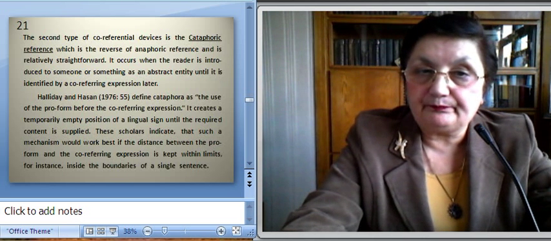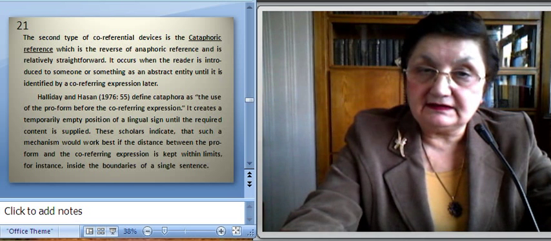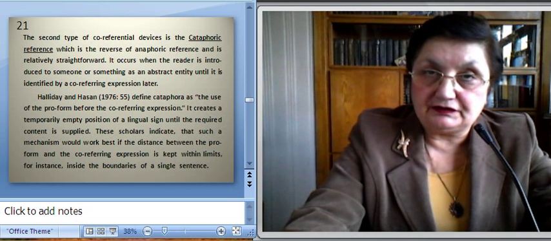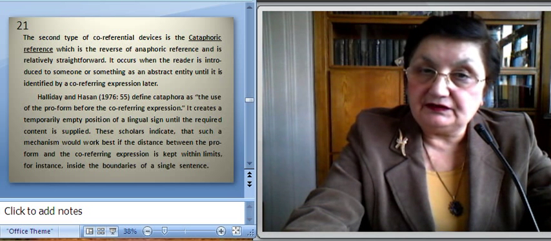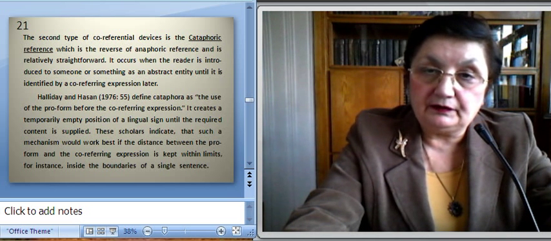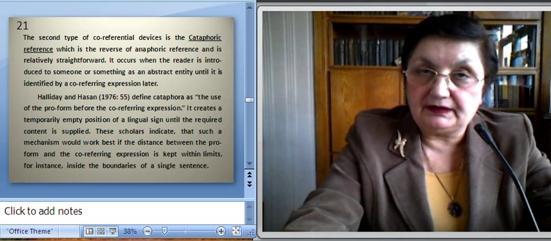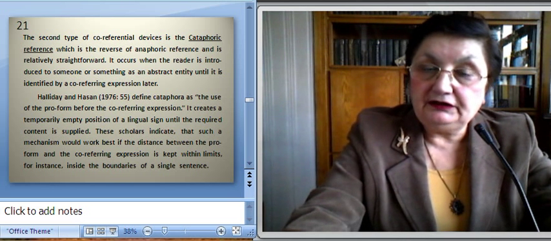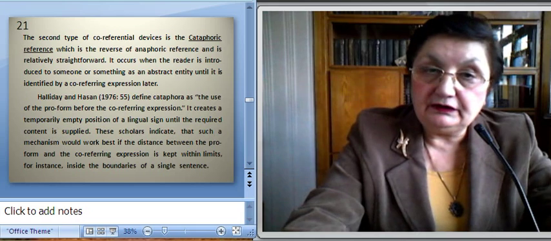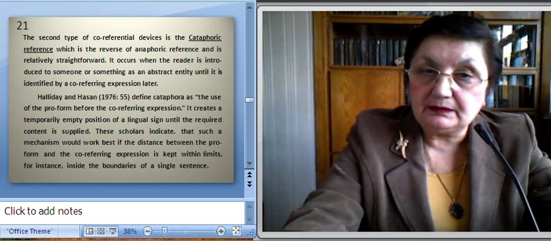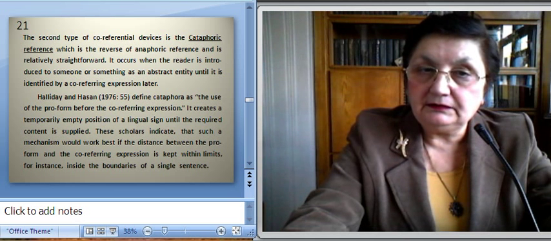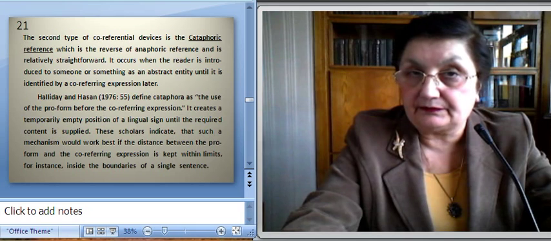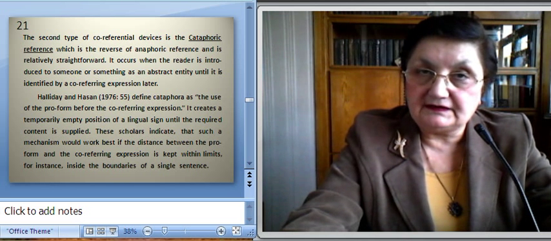It occurs when the reader is introduced to someone or something as an abstract entity until it is identified by a coreferring expression later. Halliday and Hasan defined cataphora as the use of the proform before the co-referring expression. It creates a temporarily empty position of a lingual sign until the required content is supplied.